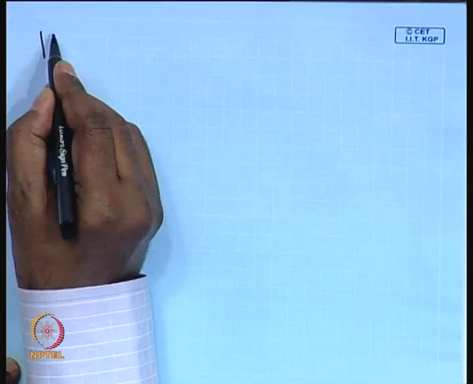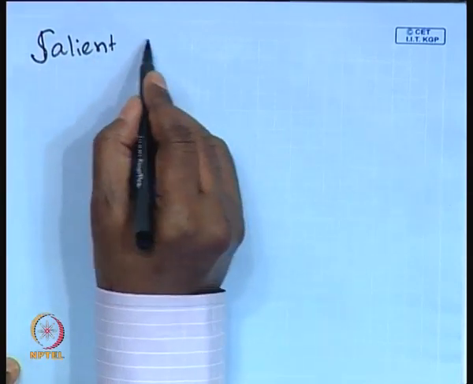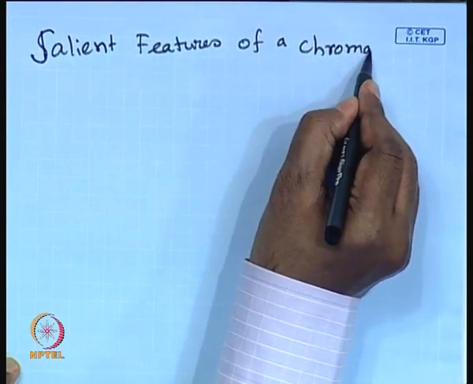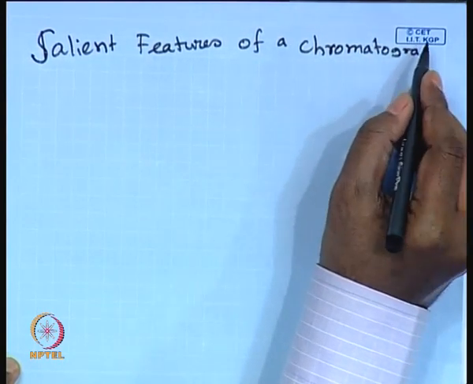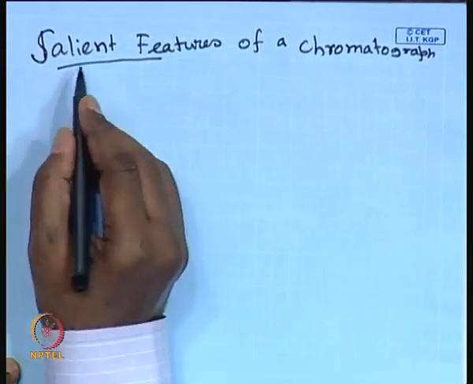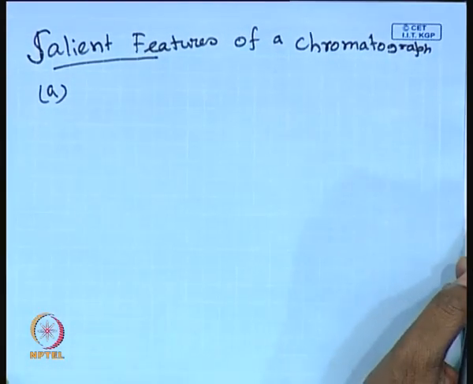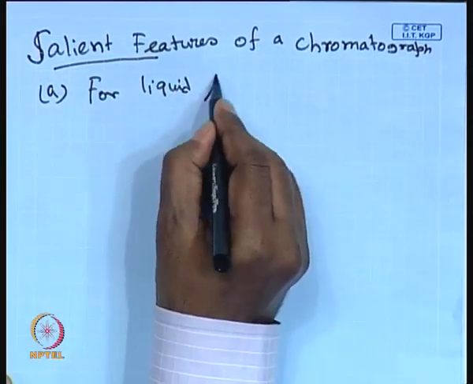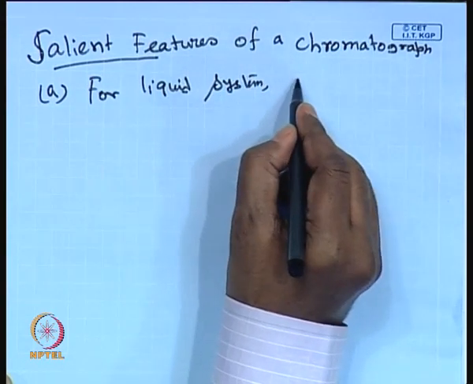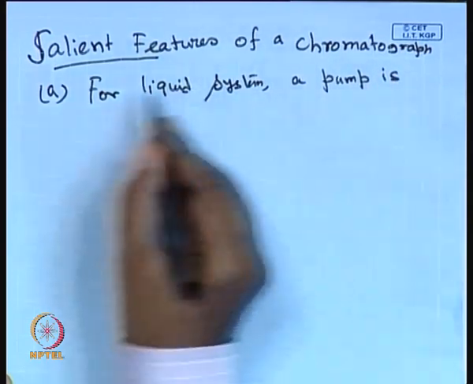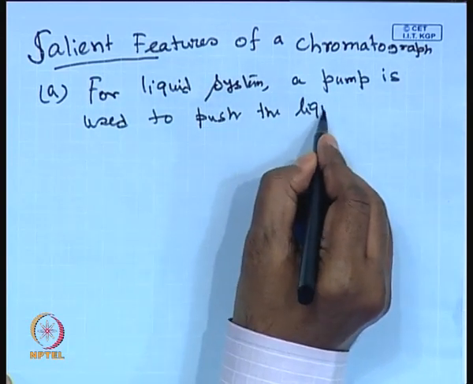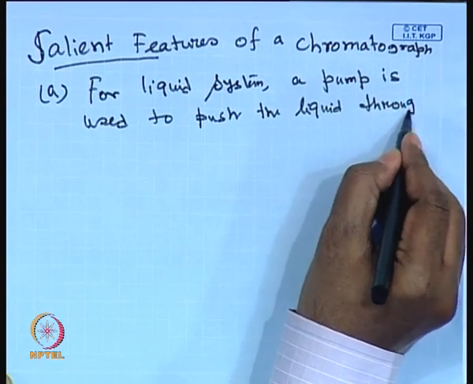So, let us note down those salient features of a chromatograph. First, for a liquid system, a pump is used to push the liquid through the column.